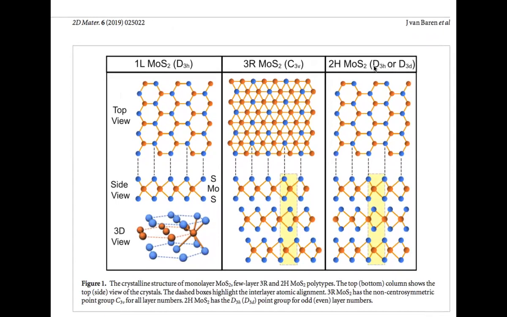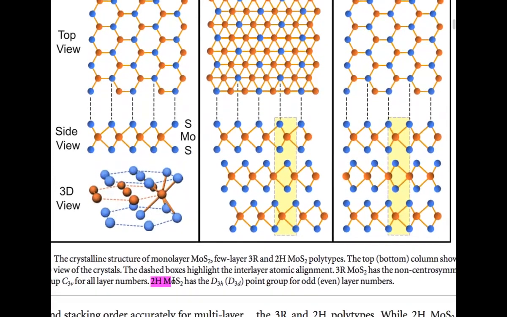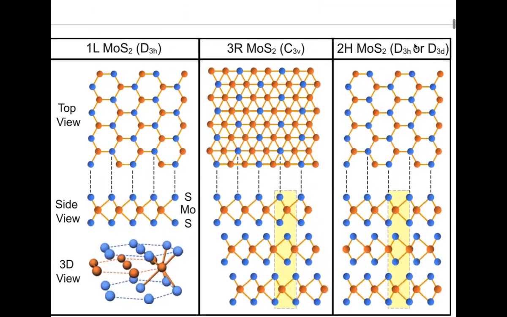For 2H MoS2, I think the group is D3h, because it says that 2H MoS2 has different groups for odd and even layer number. Even layer number is D3d. So bilayer MoS2 is D3d.